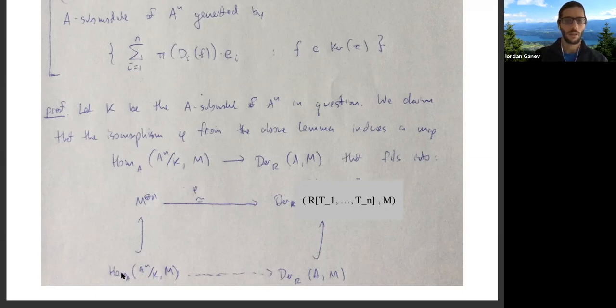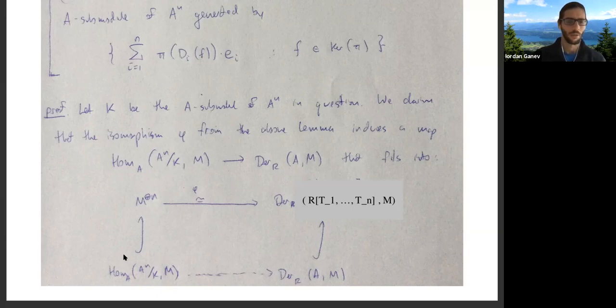Now any homomorphism from A^n, so forget about K, to M is just an n-tuple of things in M. But if we have a homomorphism from this quotient to M, that's an n-tuple of things in M that satisfy a certain condition that tells us that this kernel acts trivially, basically.